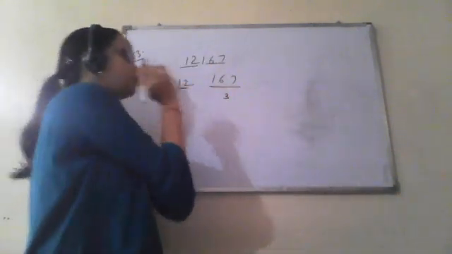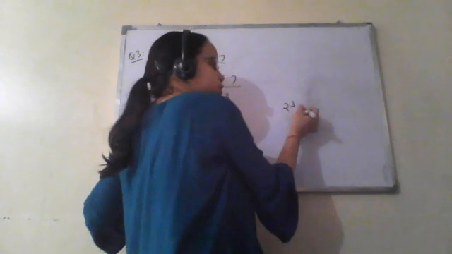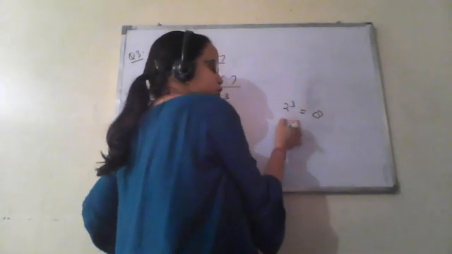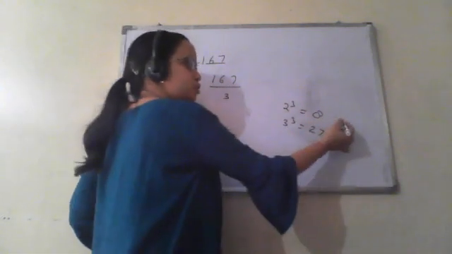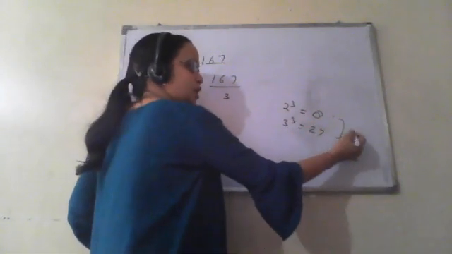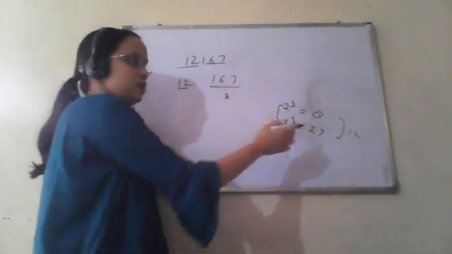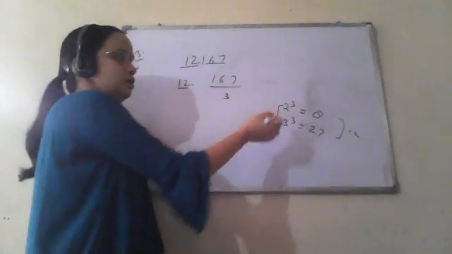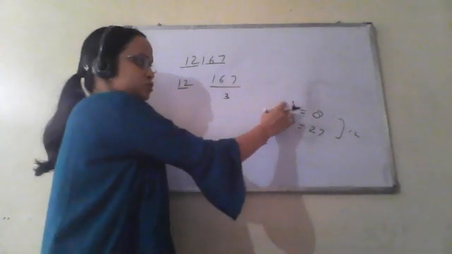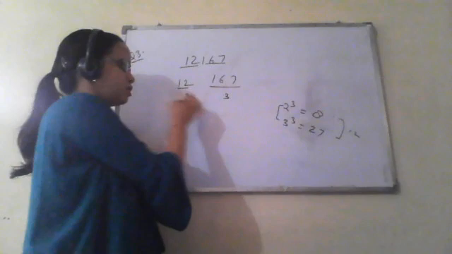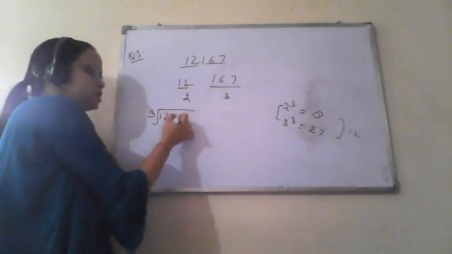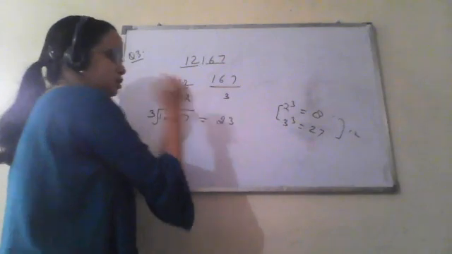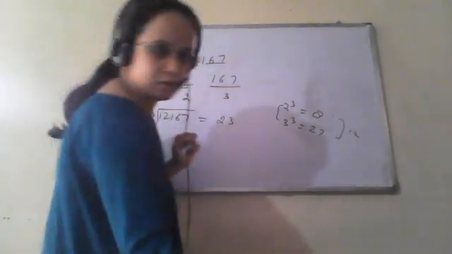Now for this 12, the cube of 2 is 8 and the cube of 3 is 27. So this 12 lies between the cube of 2 and 3, and we take the lesser one, which is 2. So we will write 2 for this number. So the cube root of 12167 will be 23. Clear?